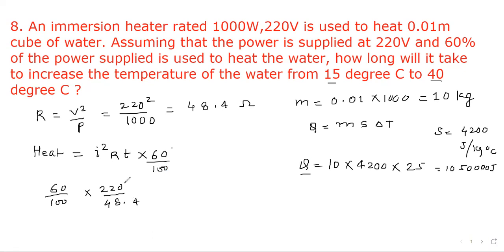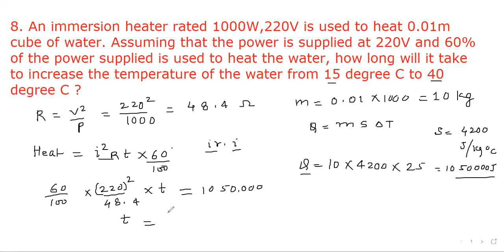So V square upon R, I square R can be written as IR times I, so this is VI, and this can be written as V upon R. So this is V square upon R times time must be equal to this much, 1050 followed by 3 more zeros. So 1050000. We have to find the time.